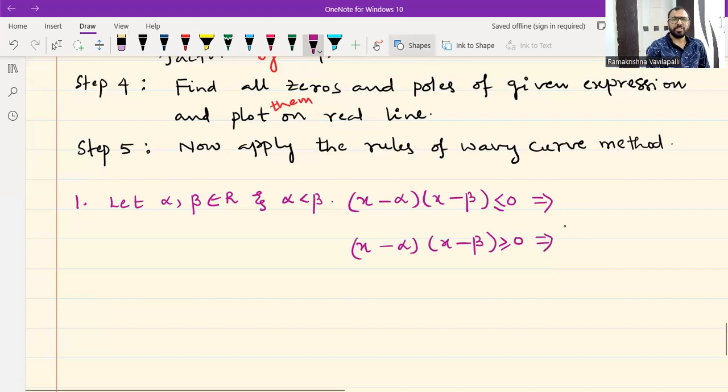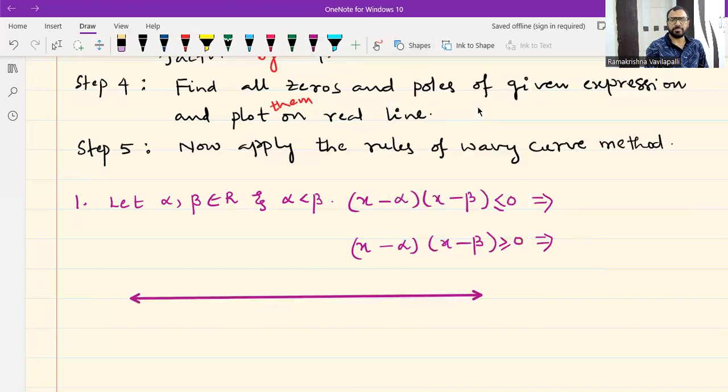So for this, you know that you have to draw a real line. Real line is drawn. Well, so you have to plot the zeros and poles on the real line. Here you say this is alpha and this is beta. Here you observe each factor is repeated only once. So x minus alpha whole power 1, x minus beta whole power 1.